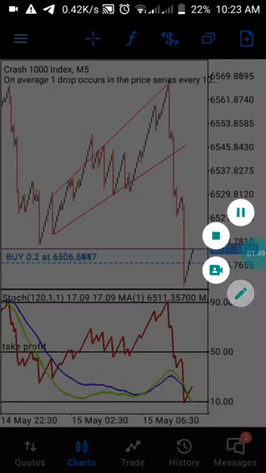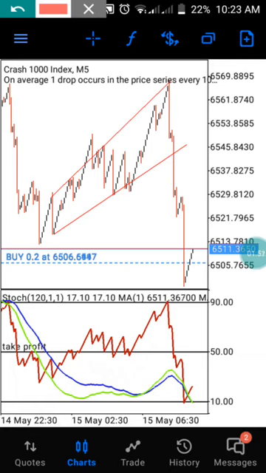To identify your trend line, you just wait for this oscillator line, which is the red line here, to move to our 10 level. Once it has moved to the 10 level, that is the right time for you to start your trend line.